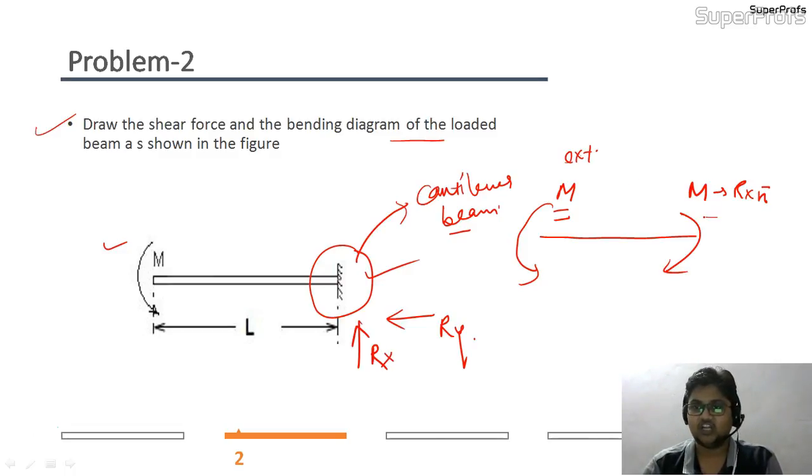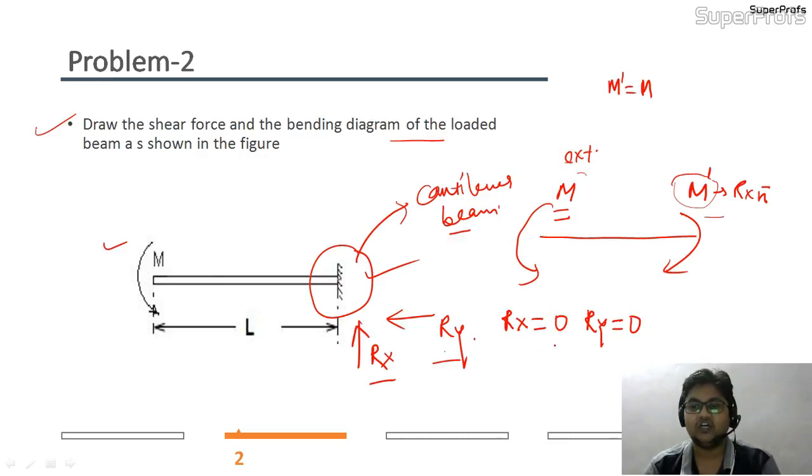The moment I have already got as M, which is the reaction itself, because this M will be balanced by this M. If I represent this as M dash, M dash is nothing but M. Here Rx and Ry do not have any external load to resist, meaning there are no external loads in the vertical and horizontal direction, so straight away we can say Rx equals 0 and Ry equals 0.